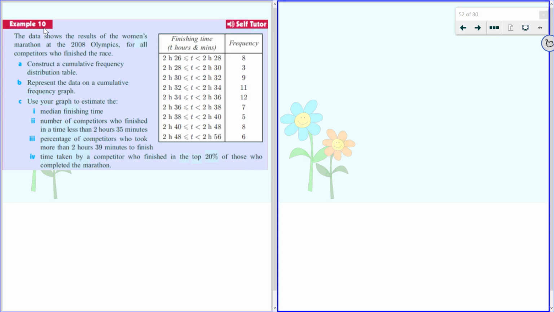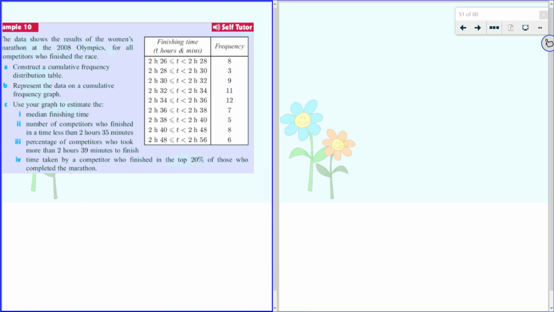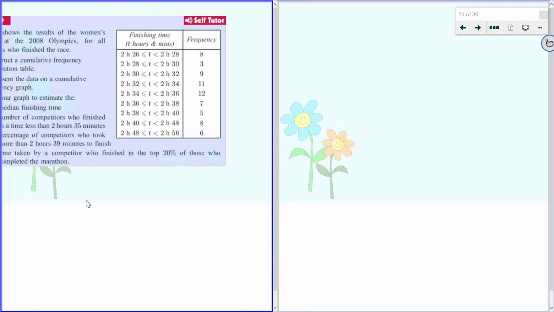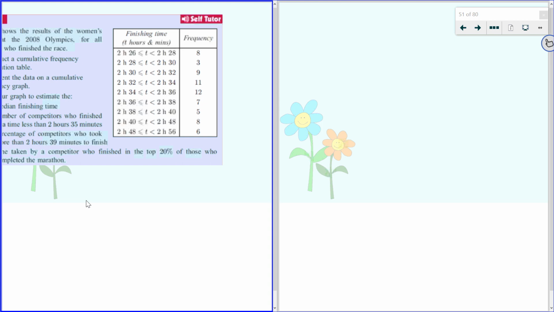Okay, so let's add cumulative frequency. Let's do that first. So we can just scooch over. I think I gave you room to the right. Cumulative frequency.